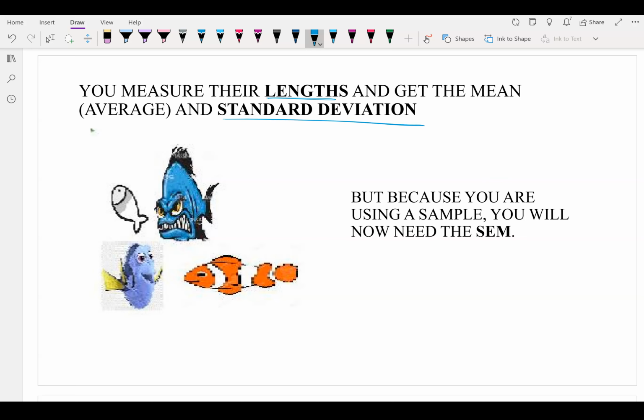So you are figuring out the mean of the sample, instead of the mean of the entire group. It's the sample, not the population. Because you're using a sample, you'll need the standard error of measurement, which means you take the original standard deviation and divide it by the sample size.